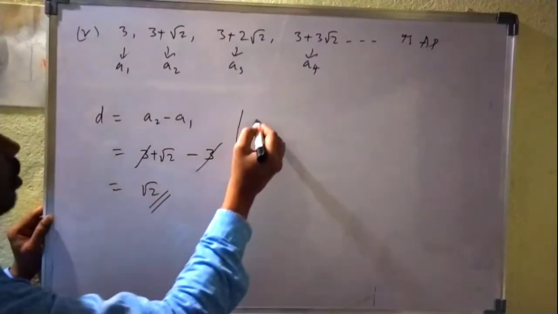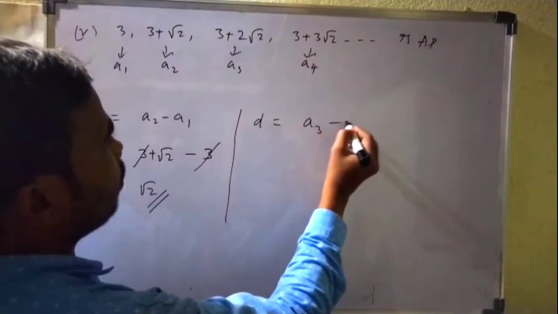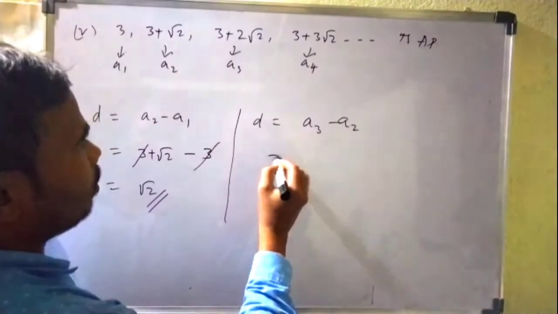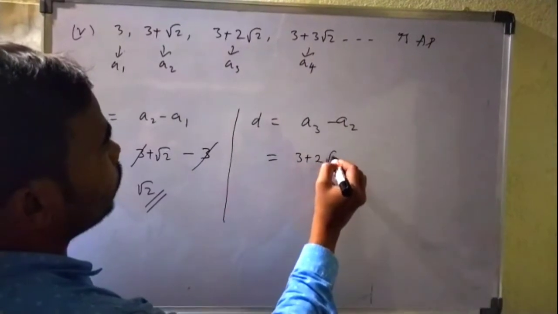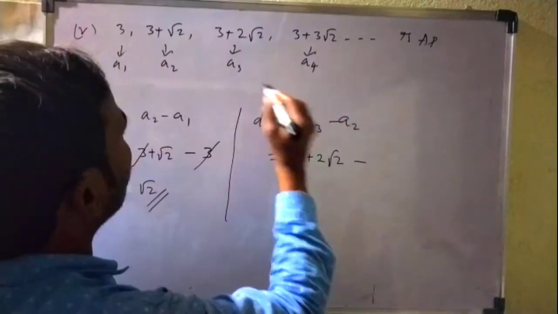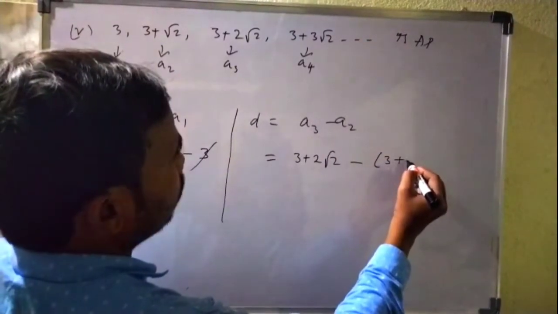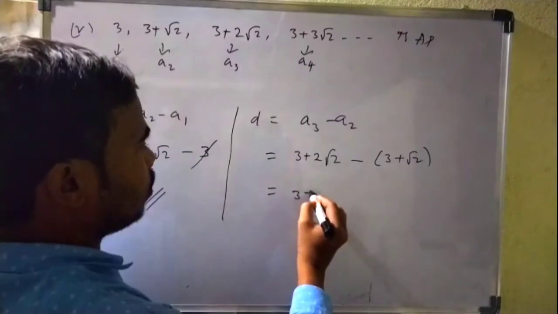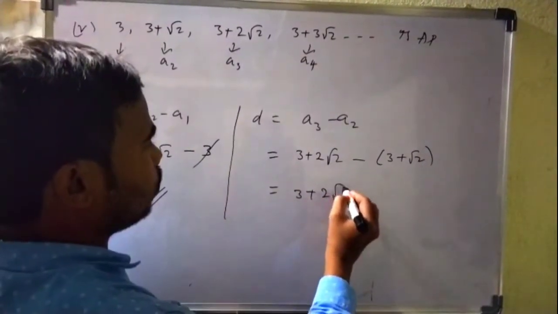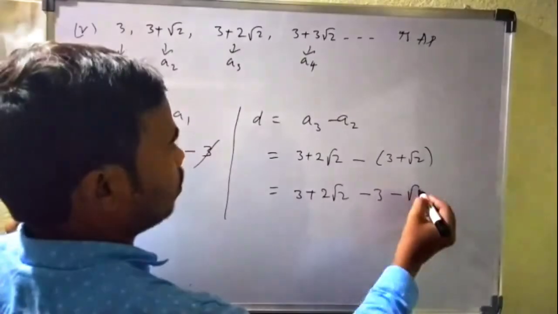And one more d you can find: a3 minus a2. a3 is 3 plus 2 root 2, minus a2, with a bracket put 3 plus root 2. So again this step: 3 plus 2 root 2 minus 3 minus root 2.